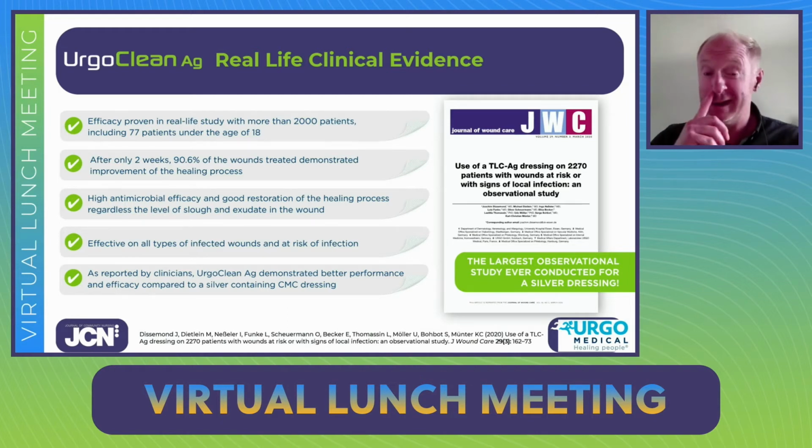In other words, UrgoClean Ag is highly successful when used on sloughy wounds and wounds that are highly exuding. UrgoClean Ag was found to be effective on all types of infected wounds and those at risk of infection. And as reported by clinicians, UrgoClean Ag demonstrated better performance and efficacy compared to a silver containing a CMC dressing.